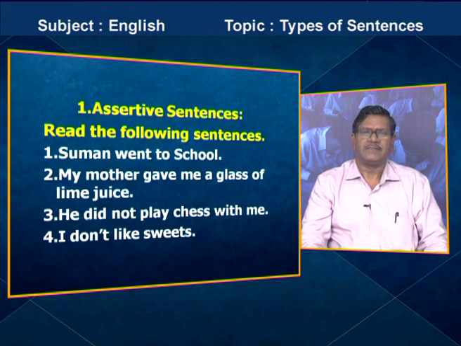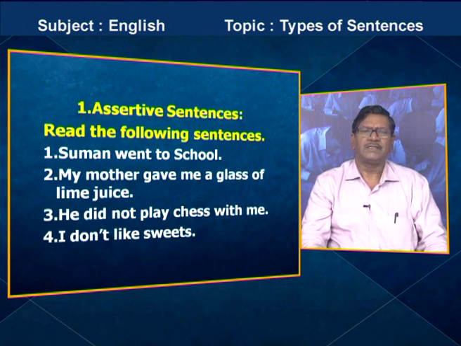An assertive sentence. See, look at these sentences. Read them. Suman went to school. My mother gave me a glass of lime juice. He did not play chess with me. I don't like sweets. If you look at these sentences, what do we notice?